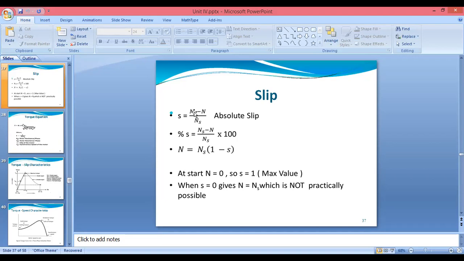And N is the rotor speed. If you are giving the three-phase supply to the three-phase induction motor, at start your speed is 0.